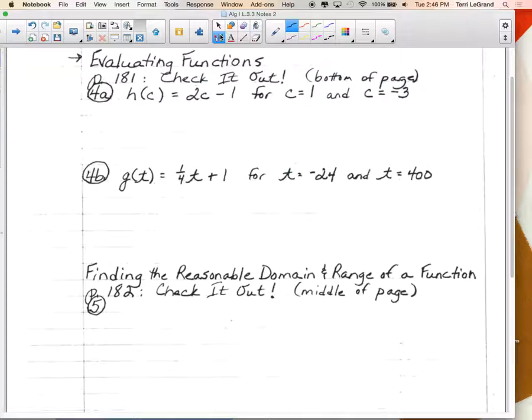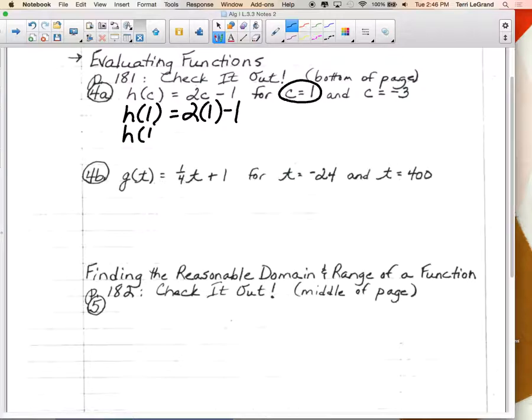So when we do this, here's how we show it. We're supposed to do it for c equals 1, so we'll do that one first. H of 1, that is saying, take the function h and evaluate it for input value 1, for the independent variable being 1. So then we go over to the function rule and say, okay, we're supposed to input 1 in for c.